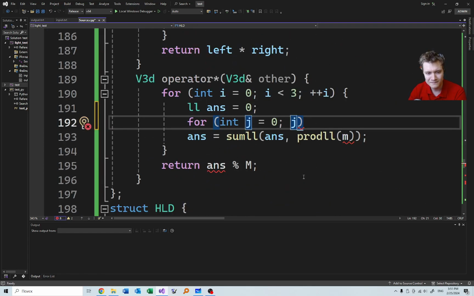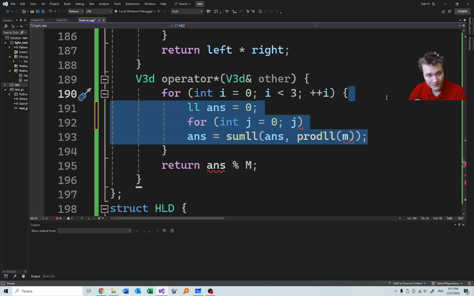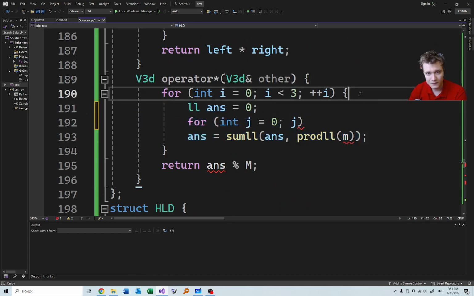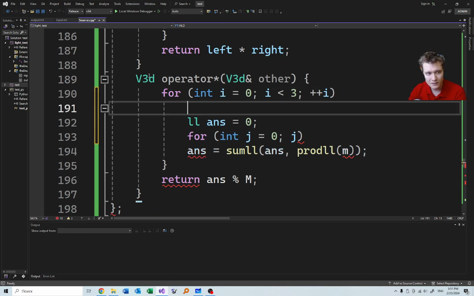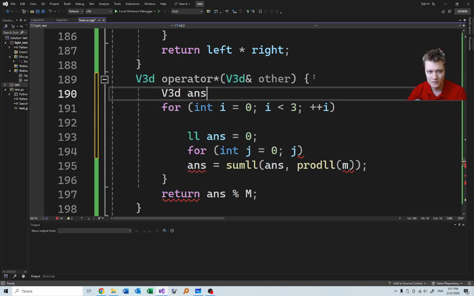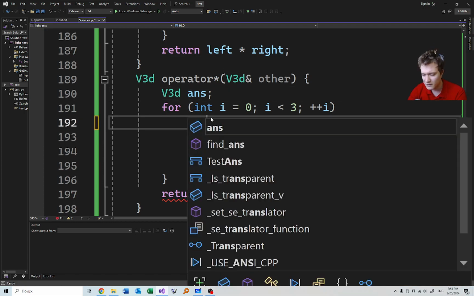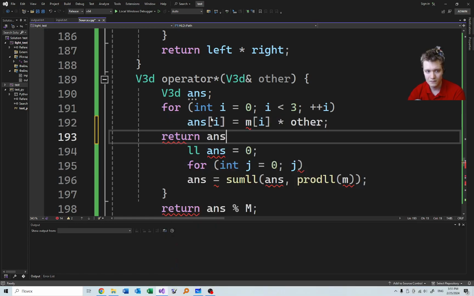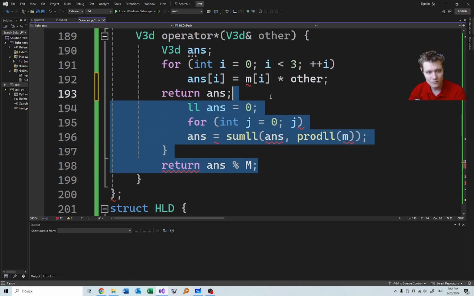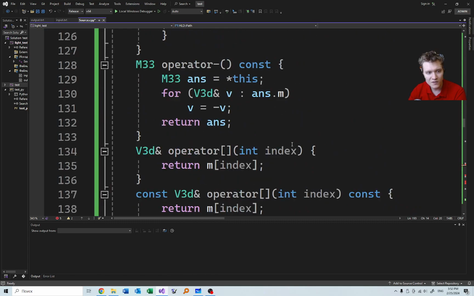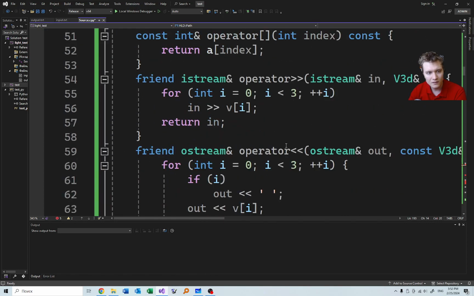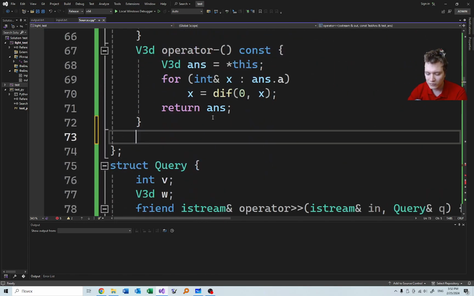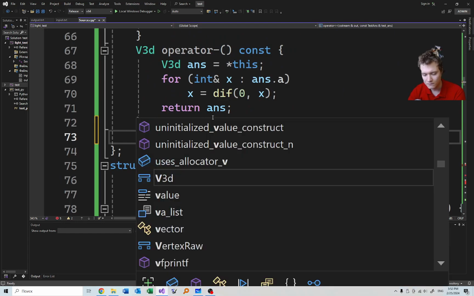Okay, we need to do it like this. So we need v3d ans, and here ans i is i times r. So what we need to do is write the scalar product of two v3ds.